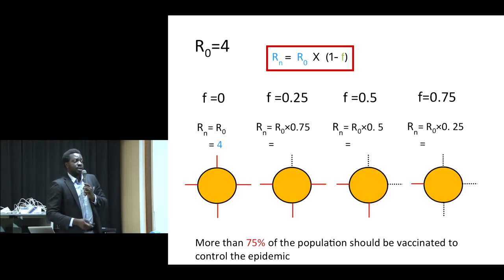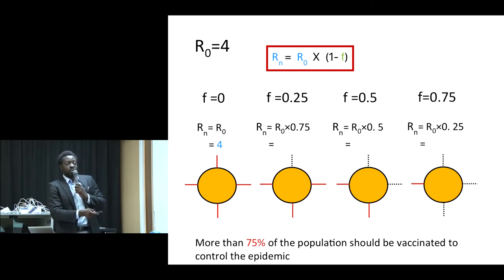Let's see some examples here to make it more realistic. For example, in this scenario here, R0 is 4. 4 means that you can transmit infection to 4 people. If no one is immunized, so F is 0, this means that the effective reproduction number equals the basic reproduction number in that scenario.